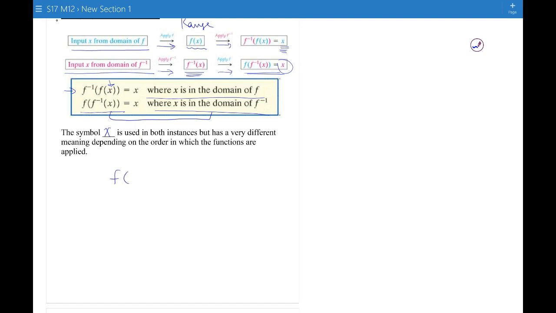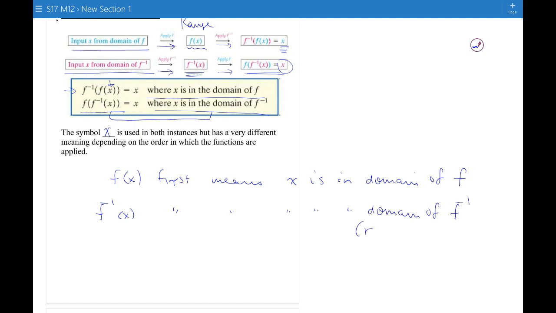So if you do f of x first, it means x is in the domain of f. If you do f inverse first, it means x is in the domain of f inverse, which is the range of f.